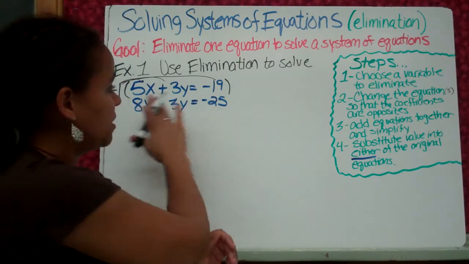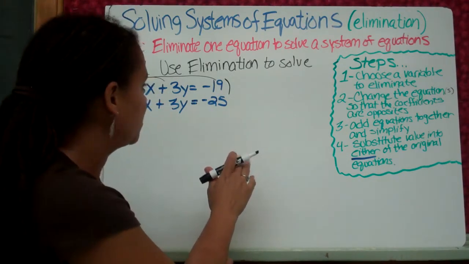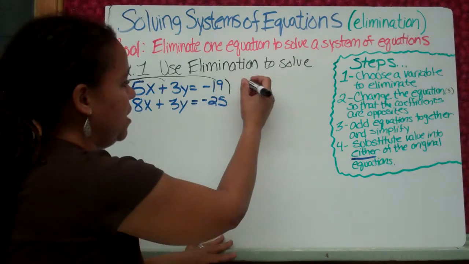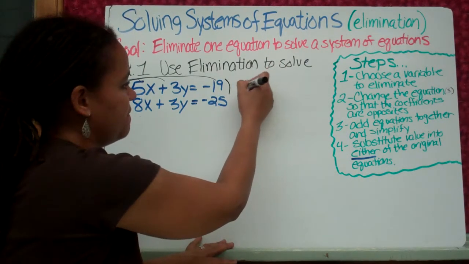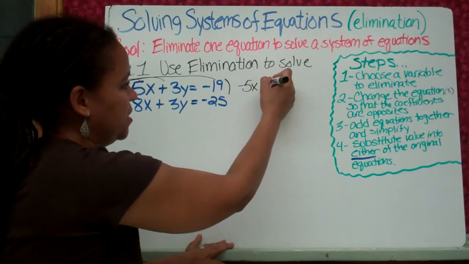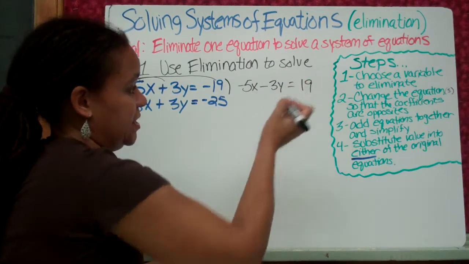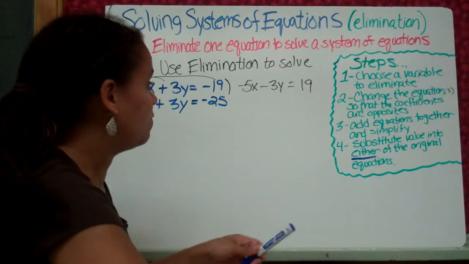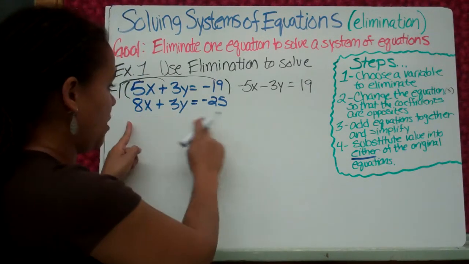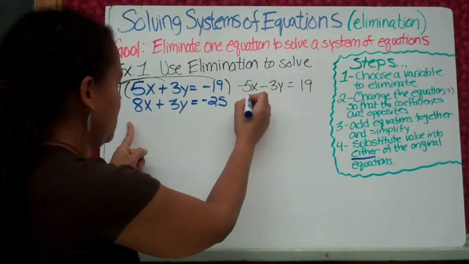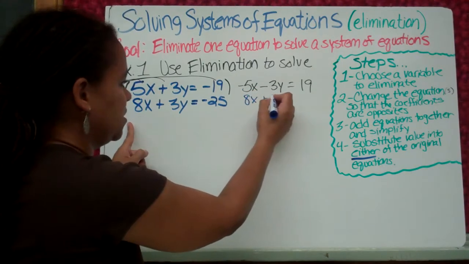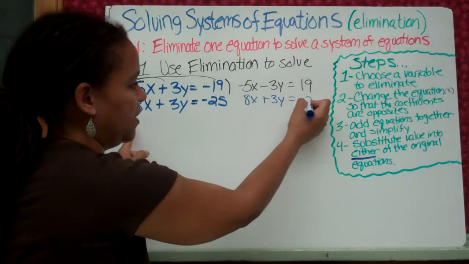I'm keeping it balanced because I'm multiplying every single thing by -1. So my new equation would be -5x minus 3y equals +19, because I multiplied everything by -1. My equation at the bottom stays the same: 8x plus 3y is equal to -25.